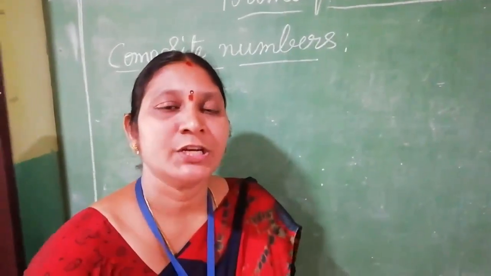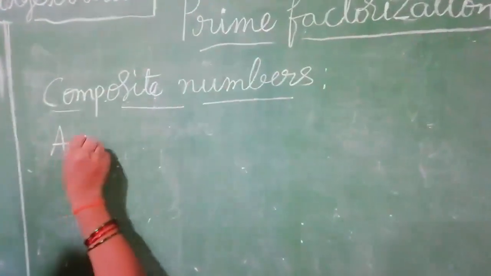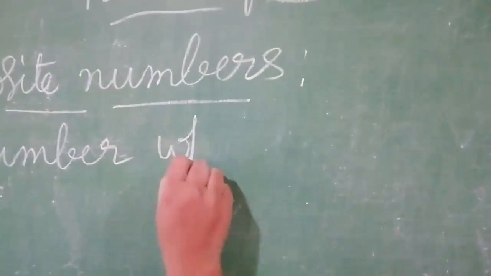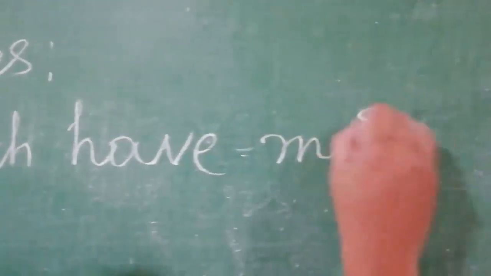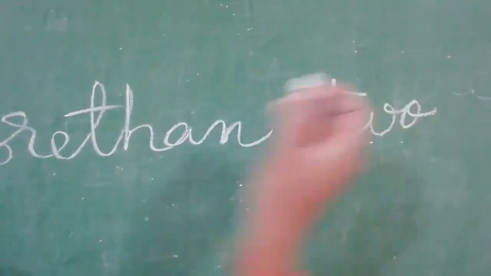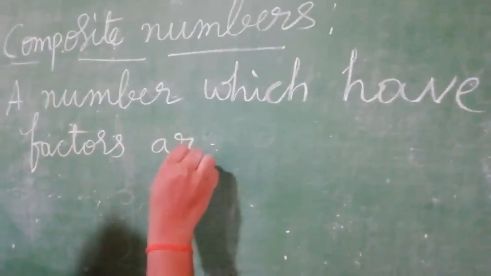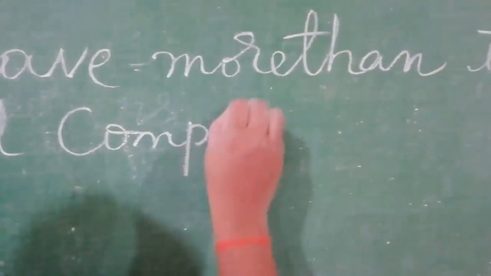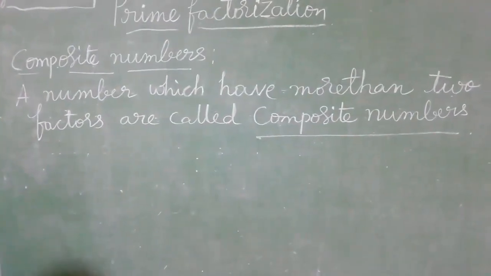A number which has more than 2 factors is called a composite number.